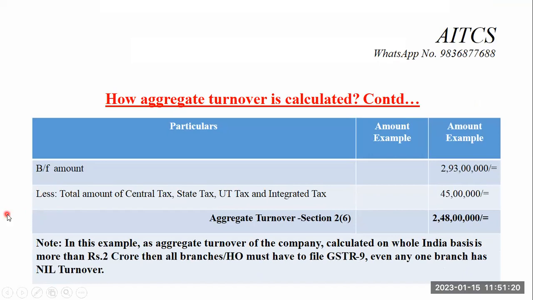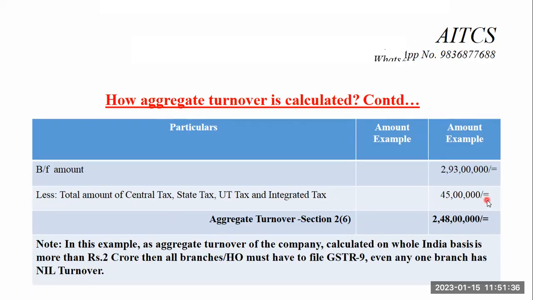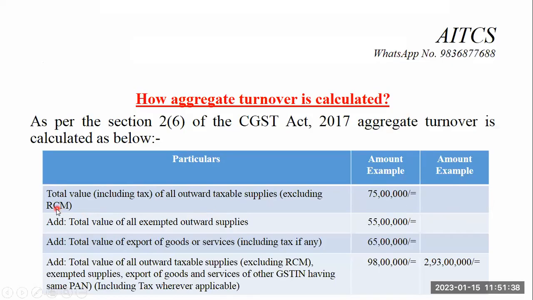Now, from that calculation, the total amount of central tax, state tax, union territory tax, and integrated tax should be deducted. Why? Because in the earlier slide, it was said that this value will be including tax. That means in this figure, CGST and SGST are already included, but we know only the taxable value.